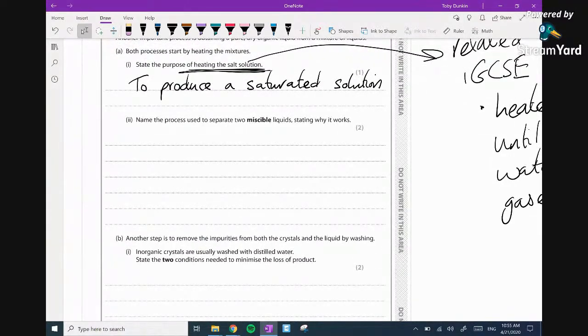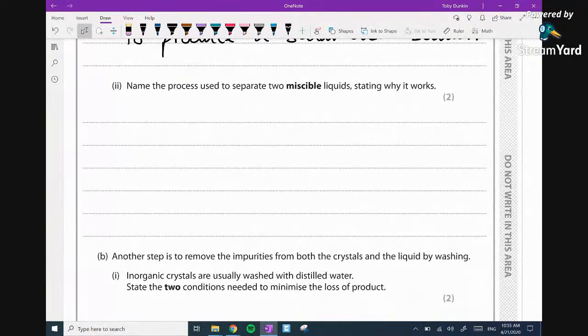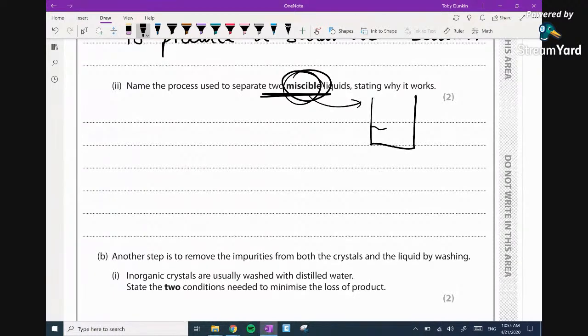Next, name the process for separating 2 miscible liquids. Hang on a sec. The word miscible means they dissolve in each other. If you had this picture, that would be immiscible, and immiscible means that they don't mix.